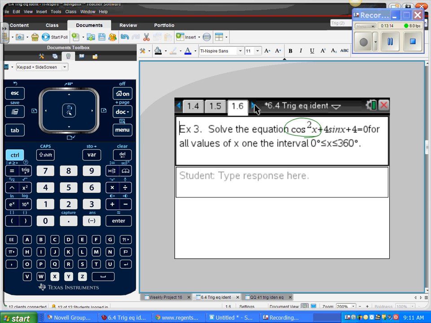Okay, when we talked about our Pythagorean identity, we said one of them, cosine squared x, is the same thing as 1 minus sine squared x, right? That was one of our Pythagorean identities. So if I were to substitute this in for this, would I now be in terms of sine, which is what I want, right? Okay, so there's the substitution we're going to make.